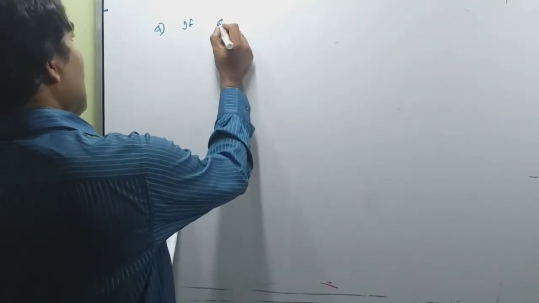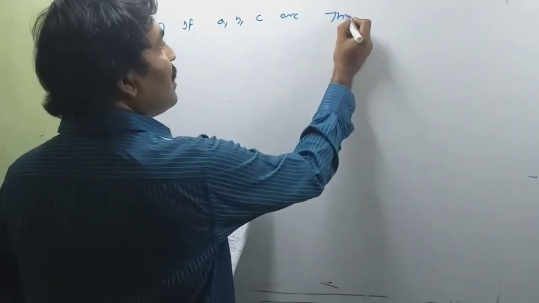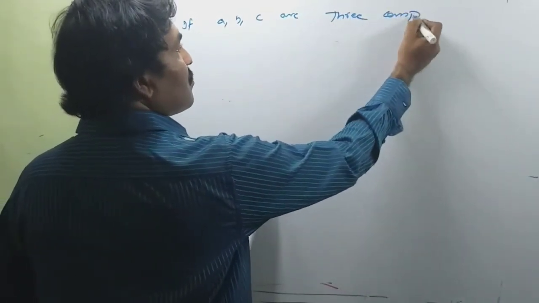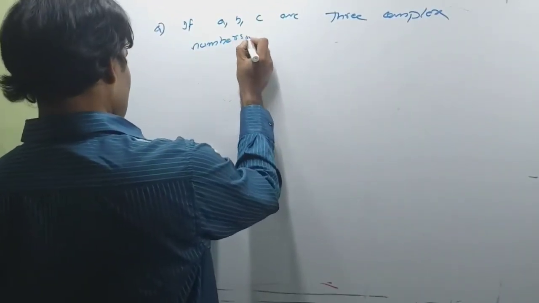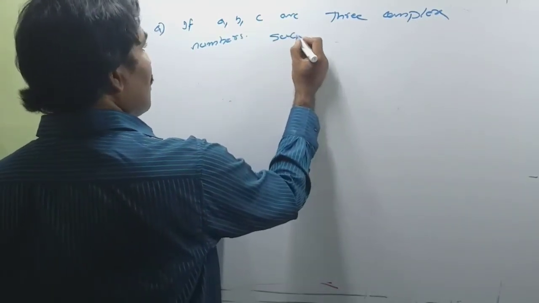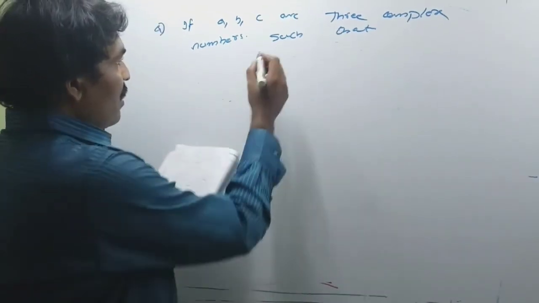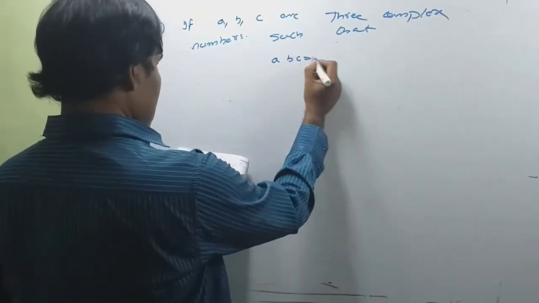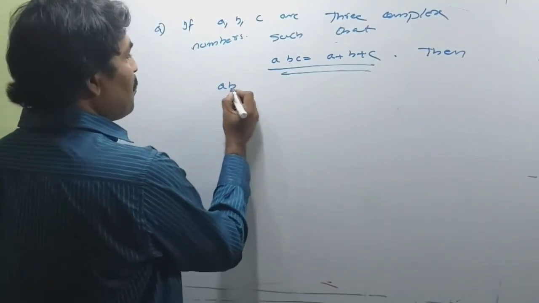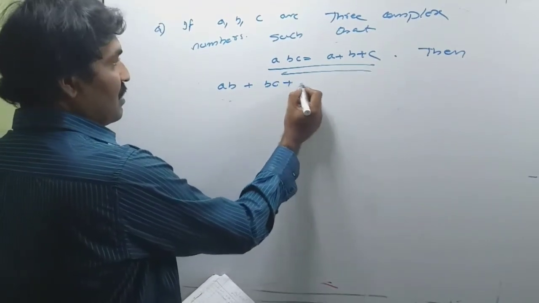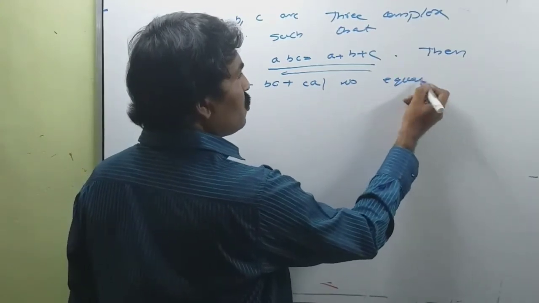If A, B, C are 3 complex numbers such that modulus of ABC is equal to modulus of A plus B plus C, then modulus of AB plus BC plus CA is equal to?